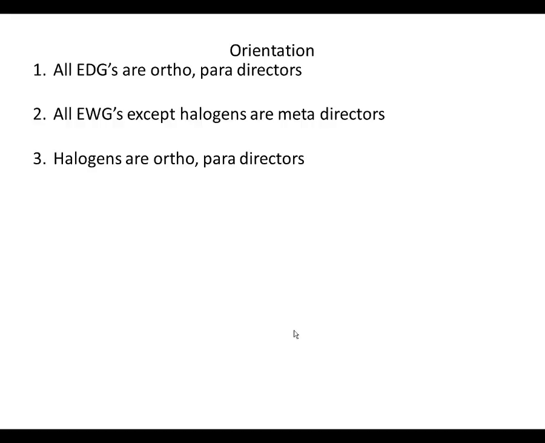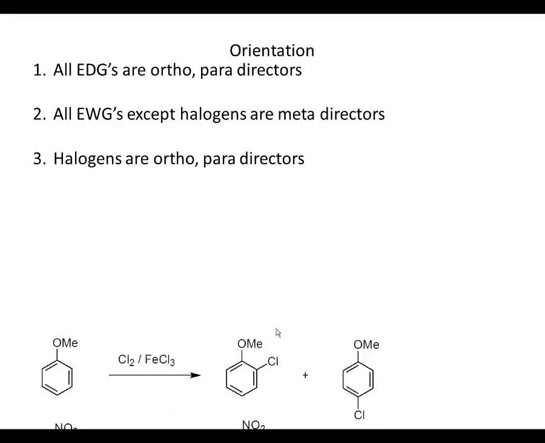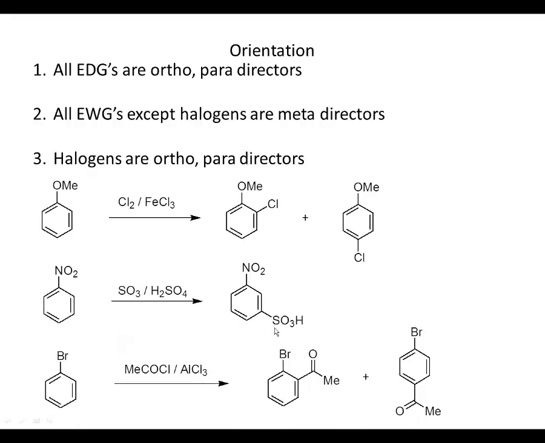What do we mean by directors? Well, what we mean is to what position on the benzene ring do these substituents direct new groups through electrophilic aromatic substitution reactions? Okay, so let's take the first case here. This is anisole right here.